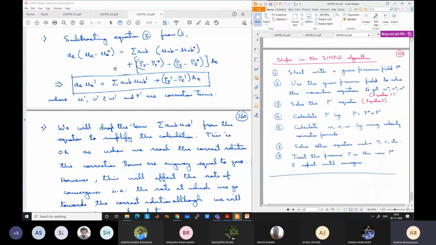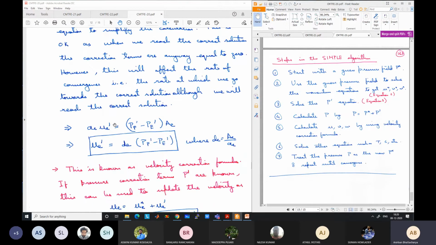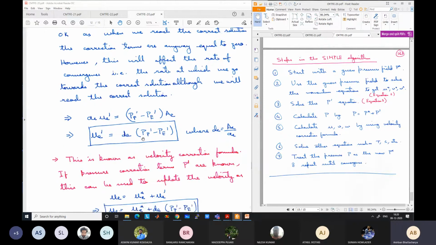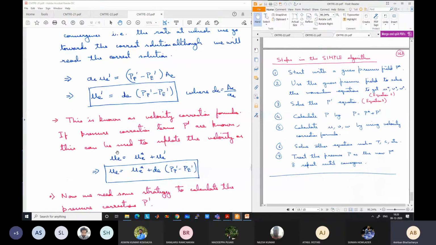This was our next step. After omitting that term and rearranging the equation, we got UE dash equal to D times the pressure correction difference. If we add that velocity correction to the star velocity, we get the actual velocity. We don't know the actual velocity, but we get the expression of it.